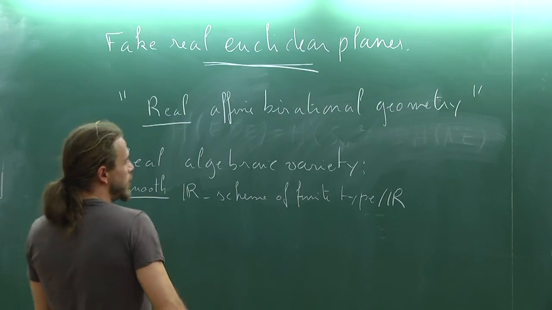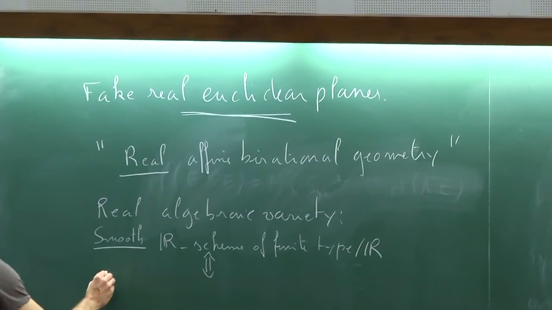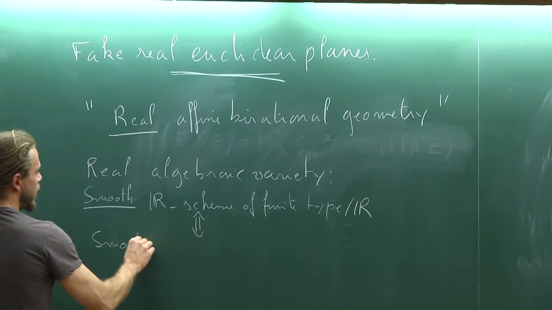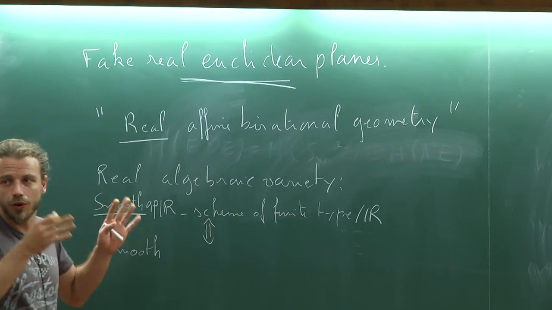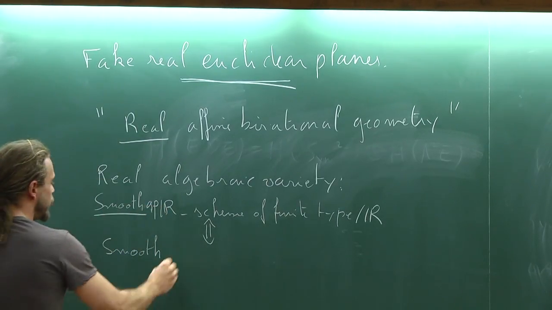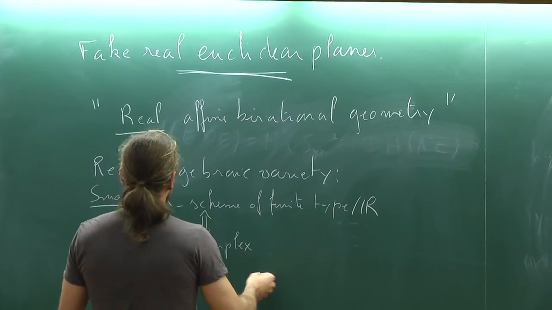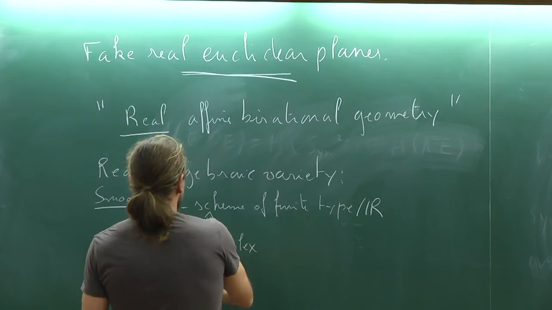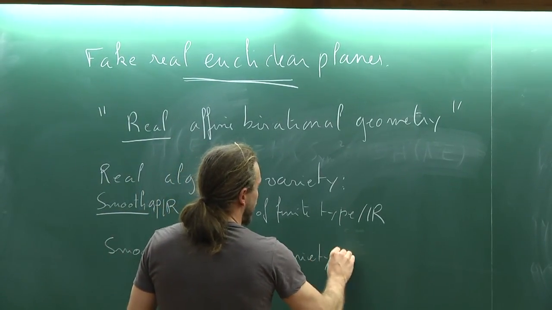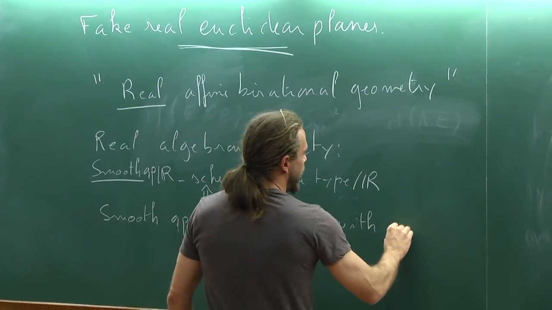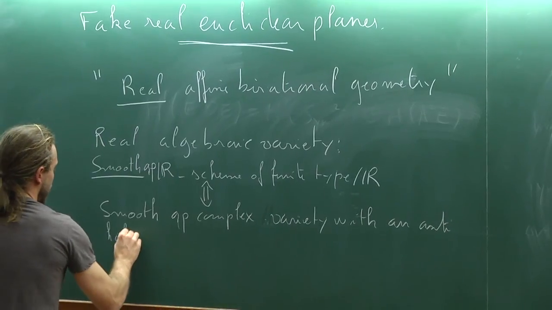But there is probably one more geometric way to see this: it is the same as a smooth, say quasi-projective, just for simplicity, smooth quasi-projective complex algebraic variety with an anti-holomorphic involution.